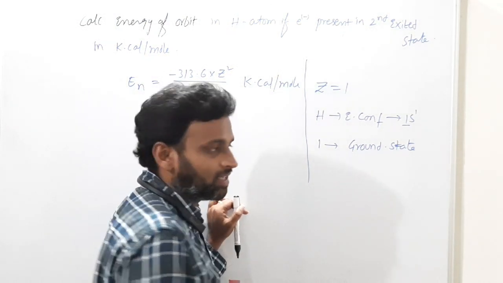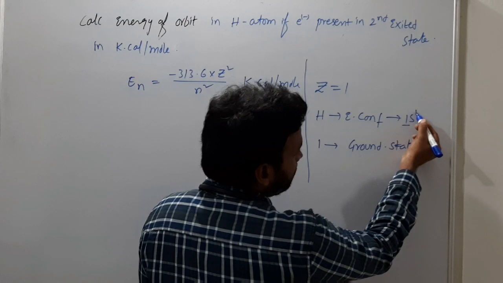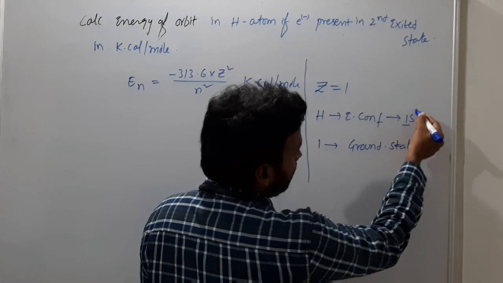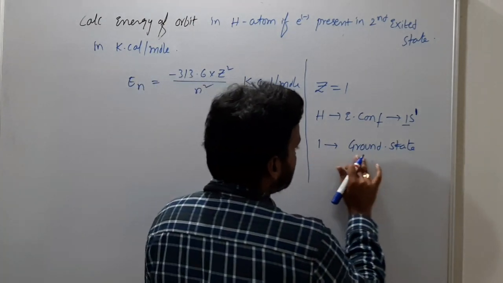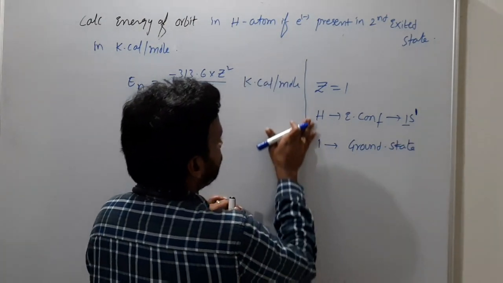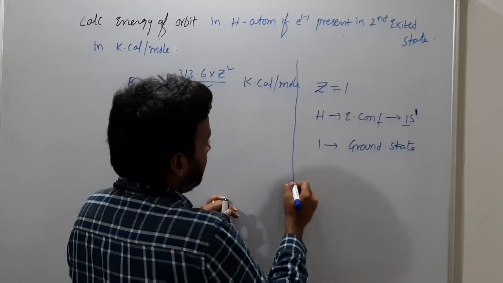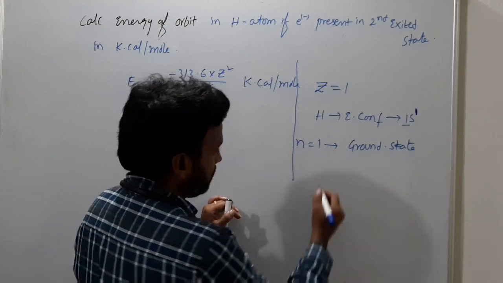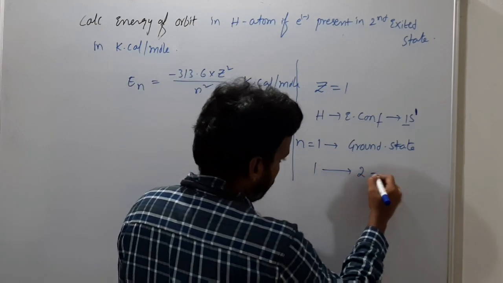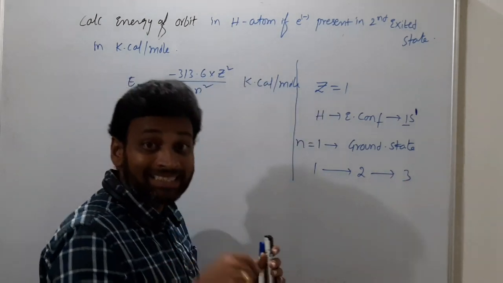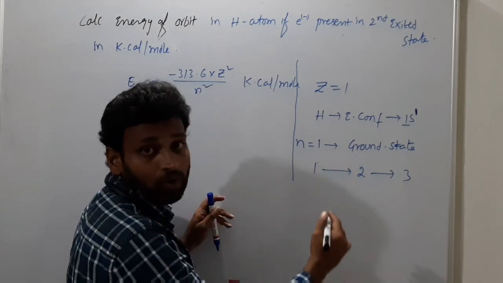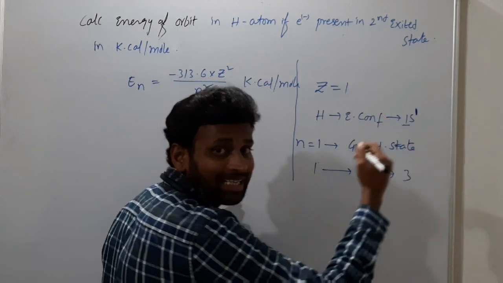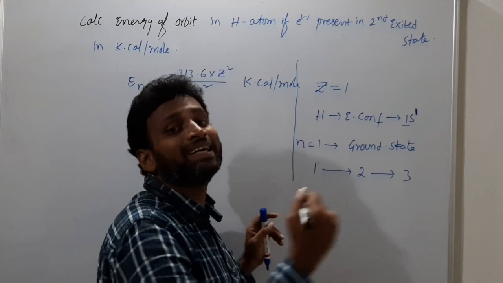No other electrons, right? So the electron is present in the first shell, and that first shell is the ground shell. n is equal to 1 is the ground shell. So ground, and 2 and 3. Excited state means what? The electron jumps from a lower energy level to a higher energy level. That is called the excited state.